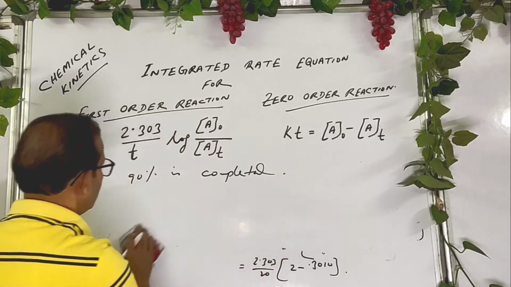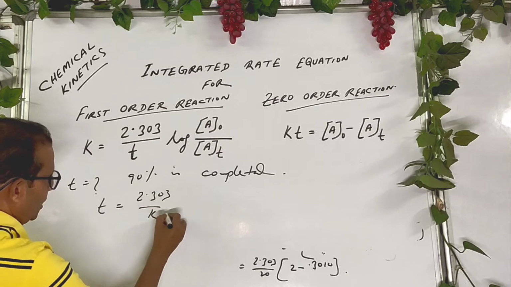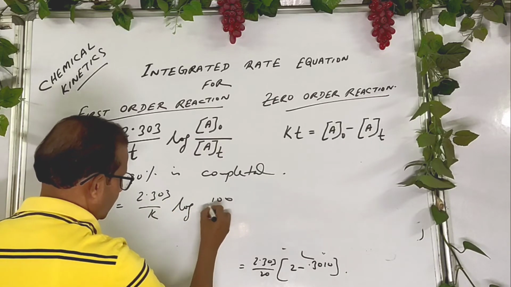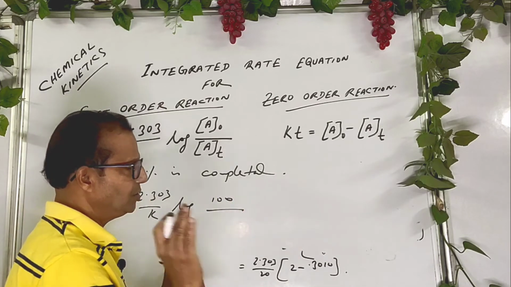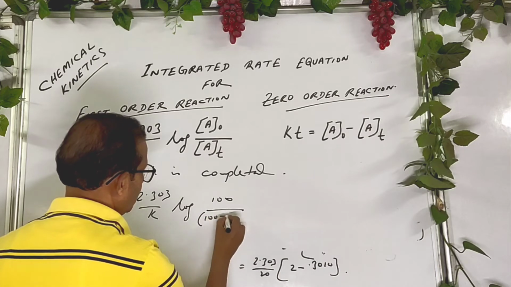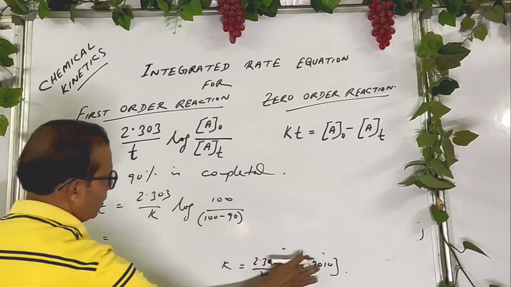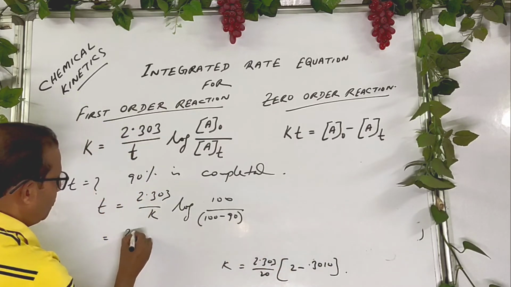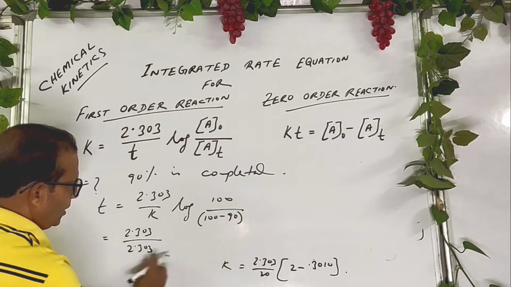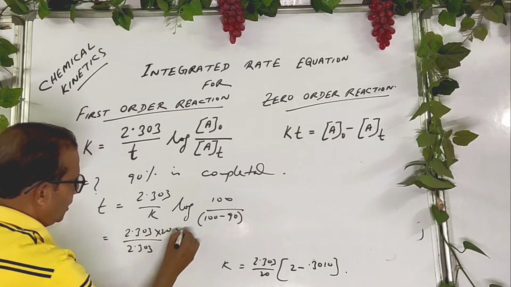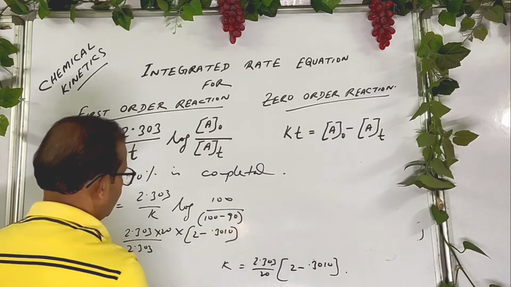So t equals 2.303 by k log 100 by 100 minus 90. The initial concentration remains the same, okay, because the same reaction is going on. So it is 100 minus 90. Now put the value of k, here it is the value of k you have found out. 2.303 by k is 2.303, 20 comes up into 20 into this 2 minus 0.3010.